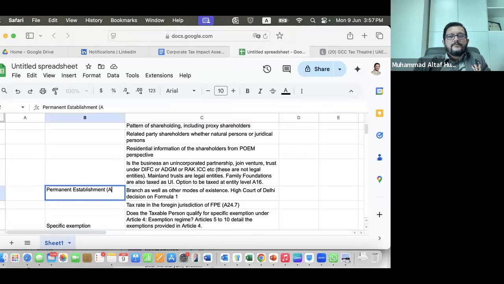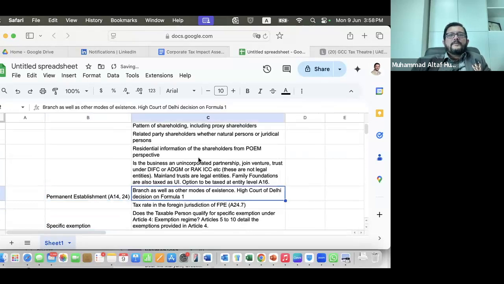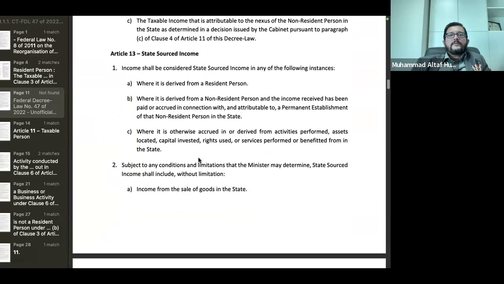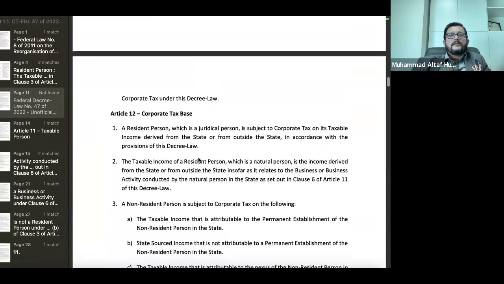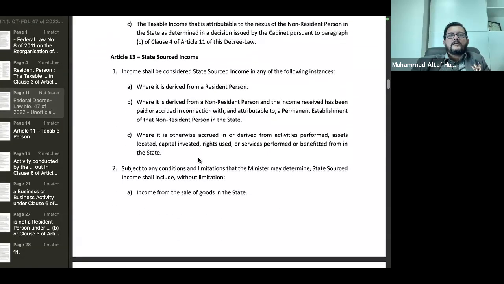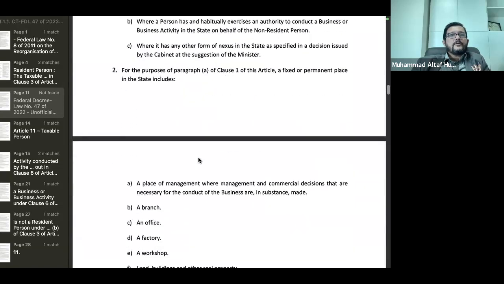Article 14 as well as the other one, Article 24, right? So two things covered actually. So anyways, now we've done a clean sweep of article 11, 12, 13, even 14, right? Permanent establishment. 15 also we discussed.